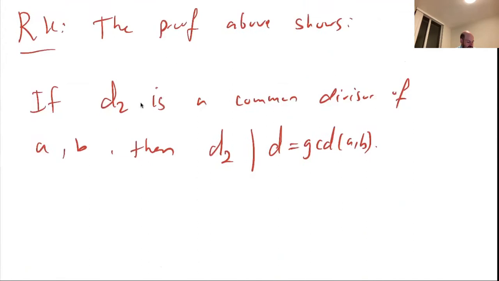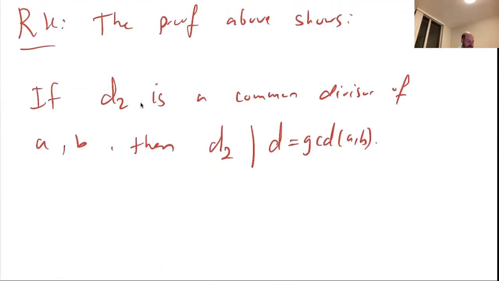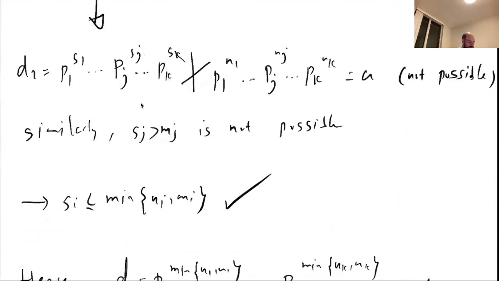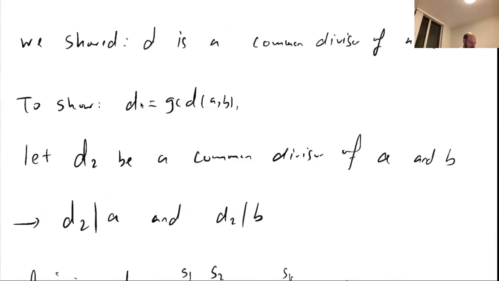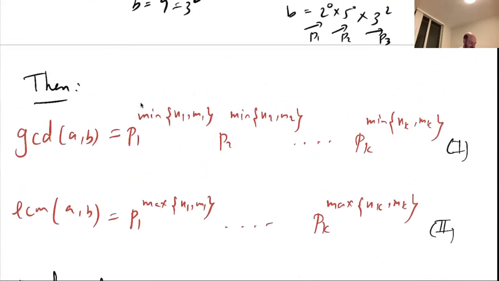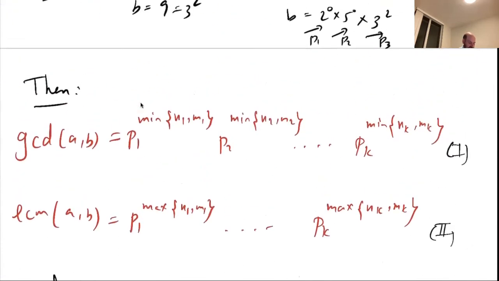So that's why I said the proof shows that if we have a common divisor of A and B, the common divisor is always a factor of the greatest common divisor. Remember we had two parts for GCD and LCM. I did the proof for GCD.